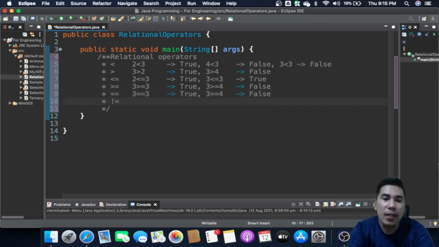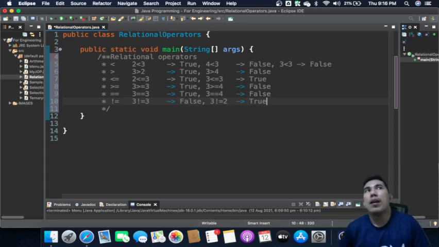Similarly, it's the same thing in not equal. 3 is not equal to 3, since 3 is equal to 3, therefore this is false. And if you have 3 is not equal to 2, this would actually give you true.